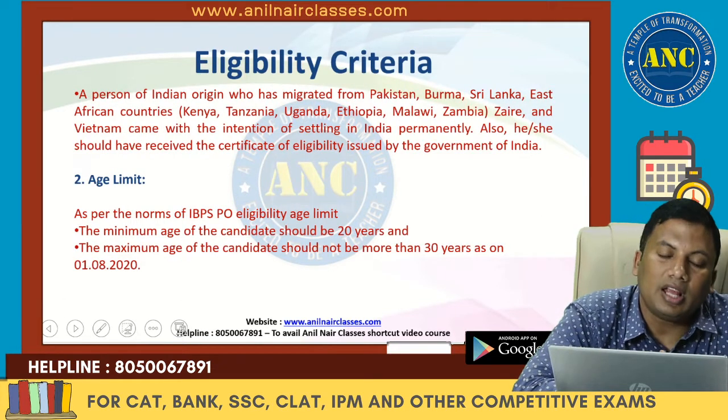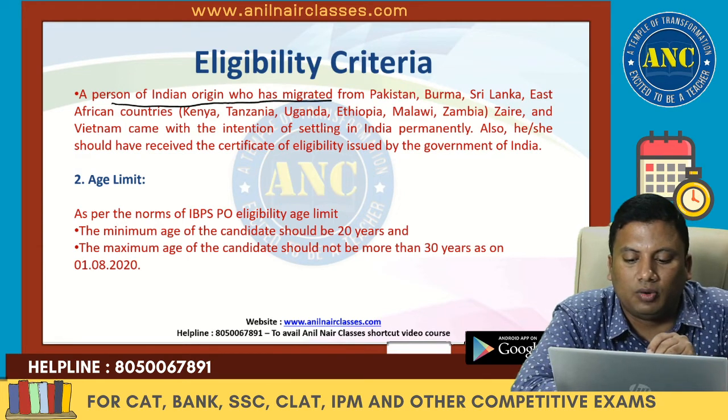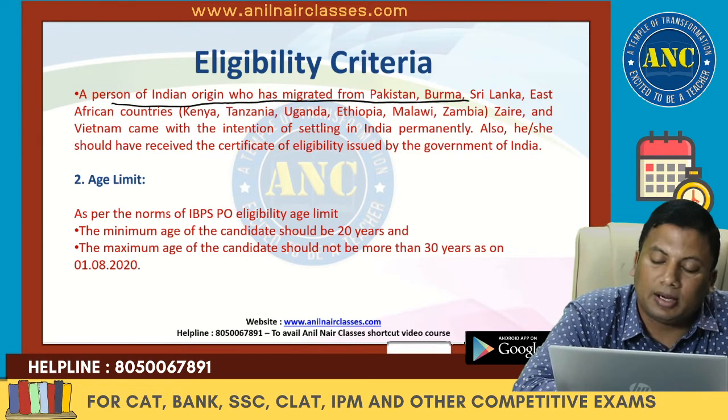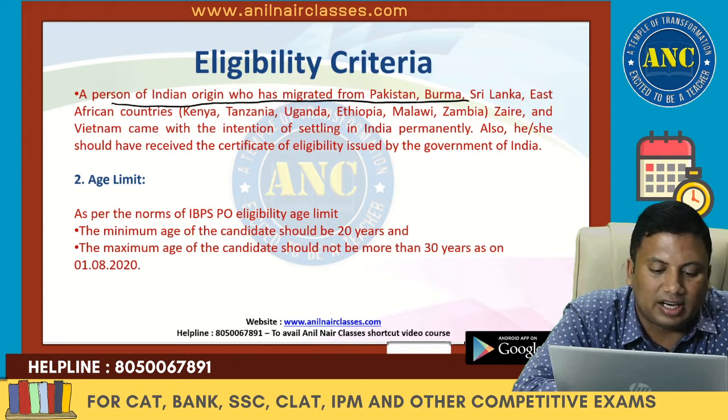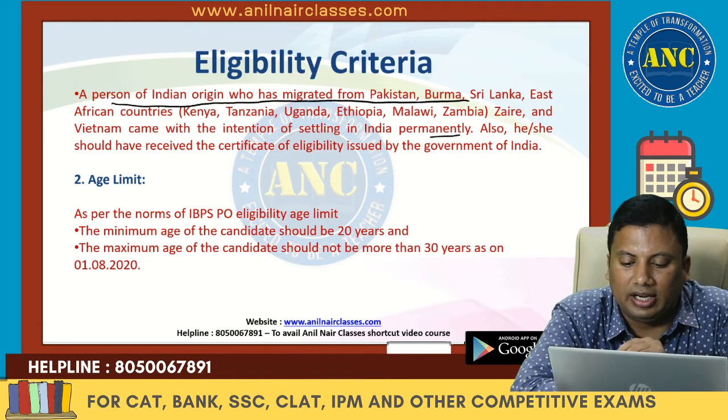Next, there are a few more conditions. A person of Indian origin who has migrated from Pakistan, Burma, Sri Lanka, or East African countries like Kenya, Tanzania, Uganda, Ethiopia, Zambia, Zaire and Vietnam, and came with the intention of settling in India permanently.